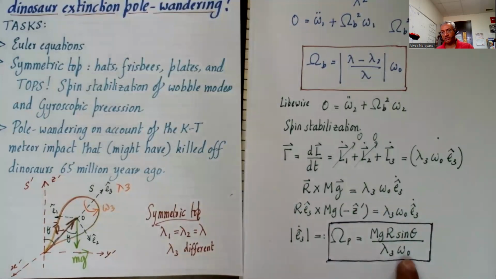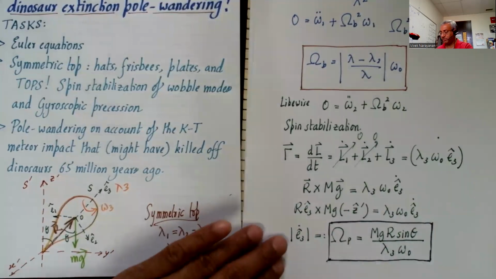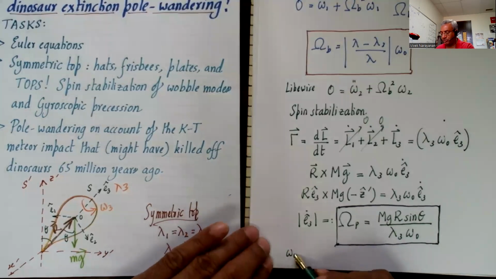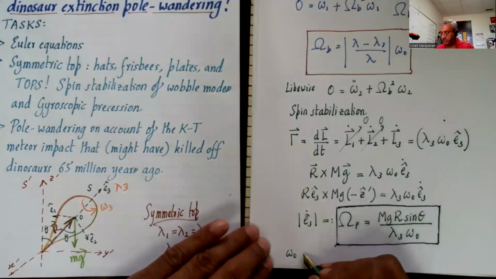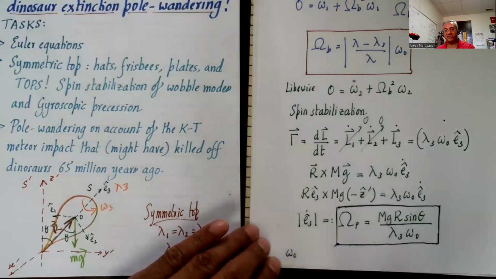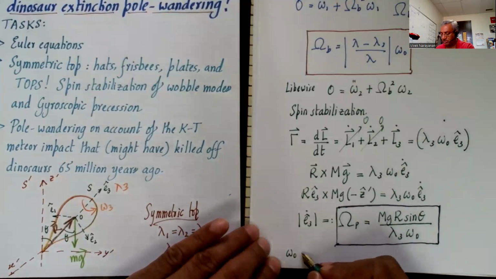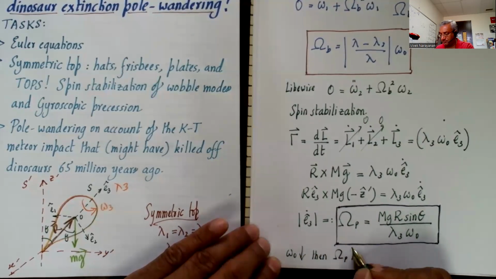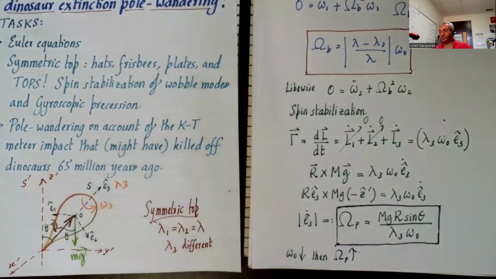So as omega naught decreases, omega p increases. So we make that observation immediately. Even though omega naught is not allowed to increase or decrease, it's allowed to do that in a quasi-static manner. So if omega naught decreases, then omega p increases. So we are able to make that deduction out of this system.